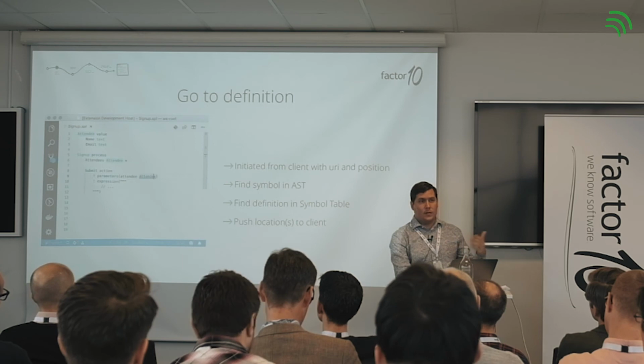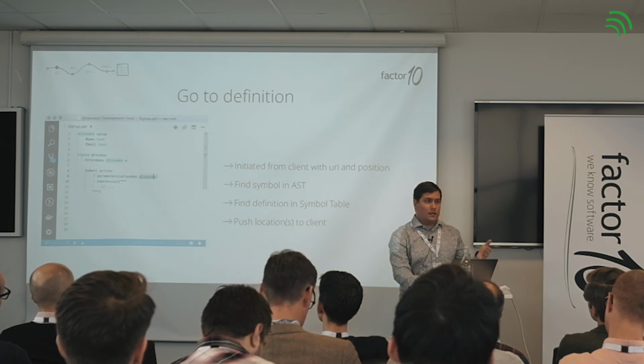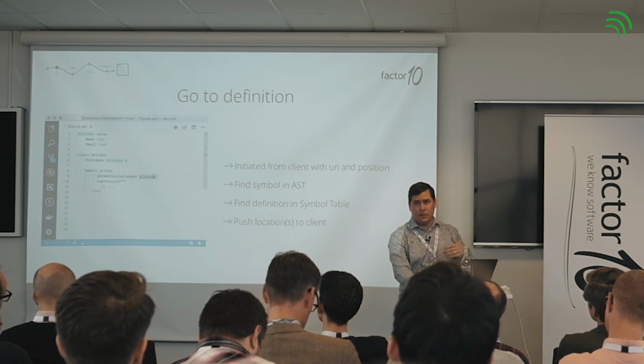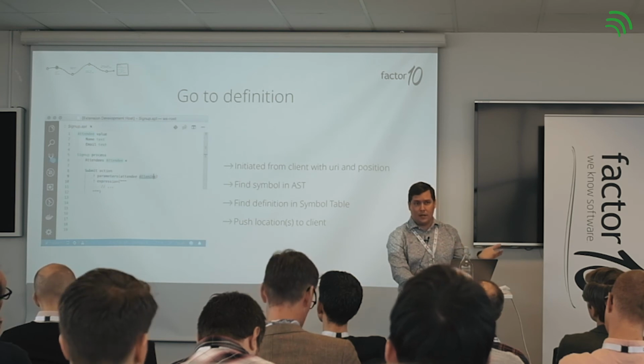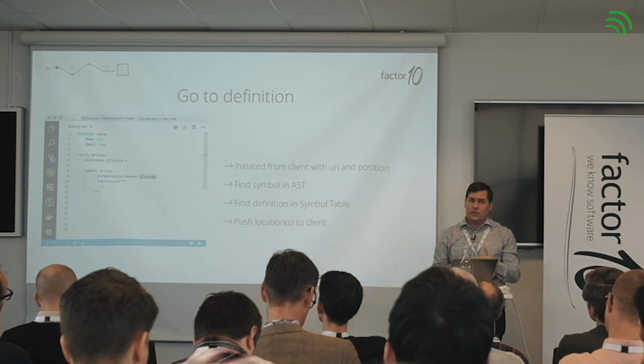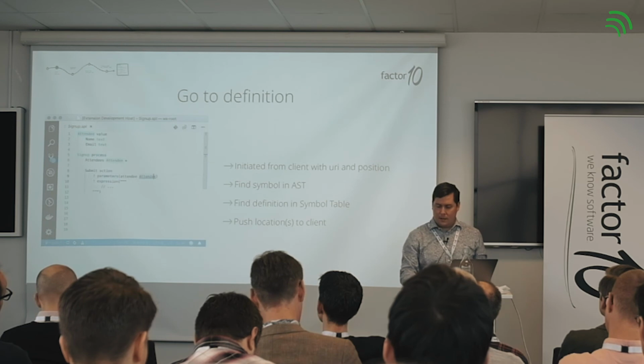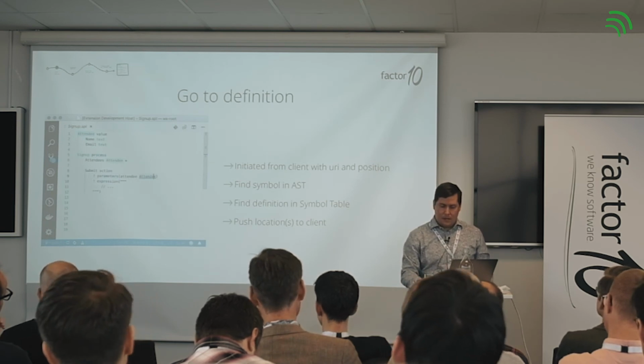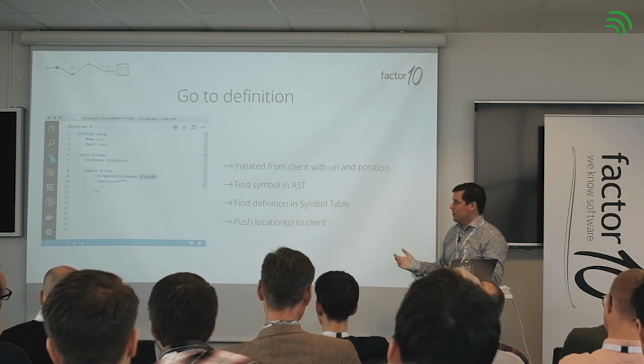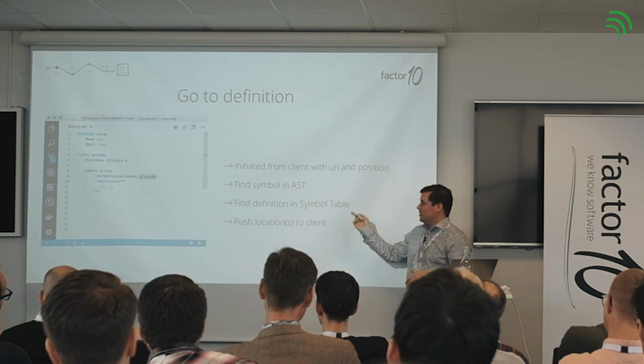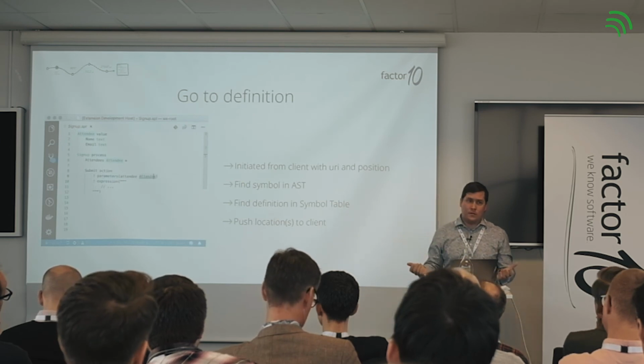Then you return that position to the client, and if it's a single position, it will just auto-navigate there when you click it. If you return multiple, it will present a list or some fisheye in VS Code. And that's it. So this is another situation where both the AST and the symbol table are very important.